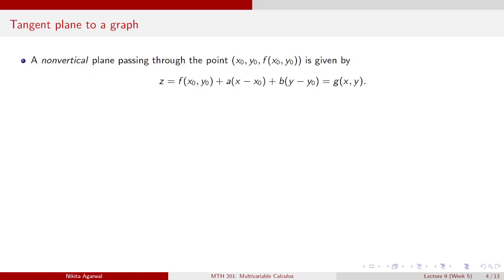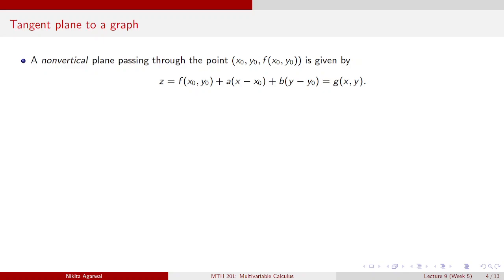Can you have a function whose graph, when you take a point on the graph and look at the tangent plane, is parallel to the z axis? That's not possible. So therefore we only talk about situations where you get a plane which is not like that.